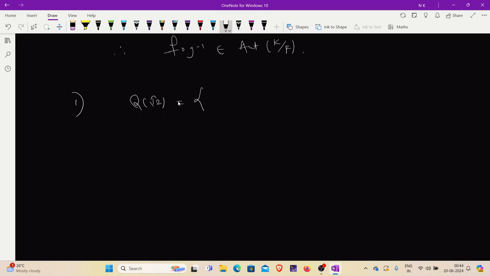So Q root 2 is nothing but the set of all elements of this type a plus b root 2, where a, b belong to Q. It is not difficult to understand why Q root 2 looks like this, because root 2 is an element attached to Q. Root 2 particularly satisfies the polynomial x square minus 2. Let me just add this explanation here.